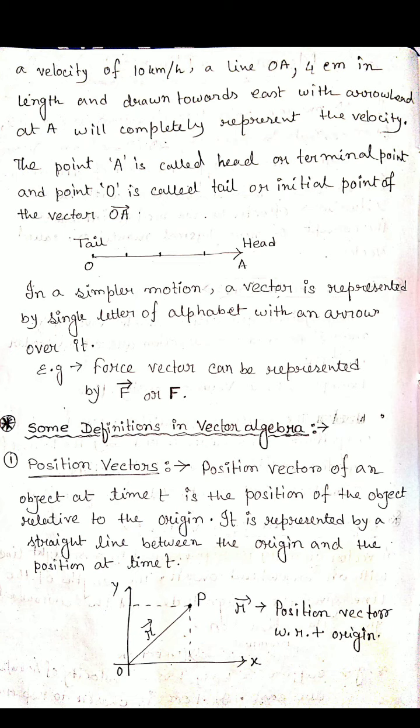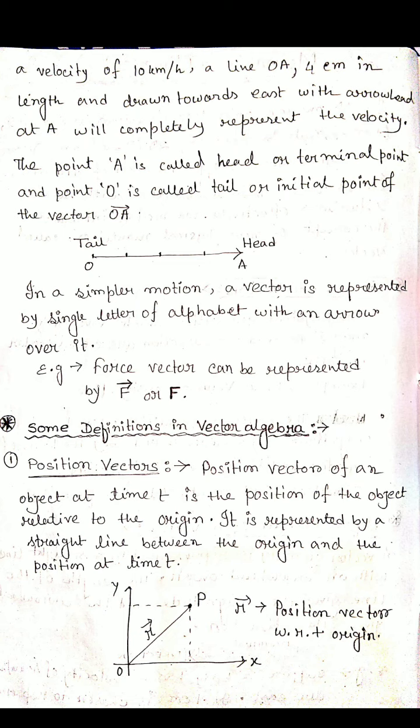Now we discuss the definitions of different kinds of vectors which we use later in this chapter. First and very important is the position vector. From the name we get the definition. The position vector gives us the position of any object or any point. Because this is a two-dimensional case, we have 2D space, which means two axes, x and y.